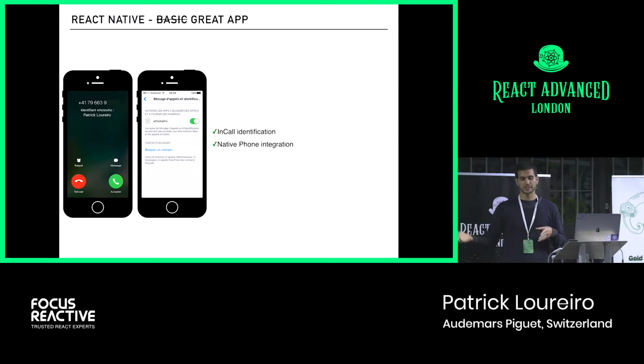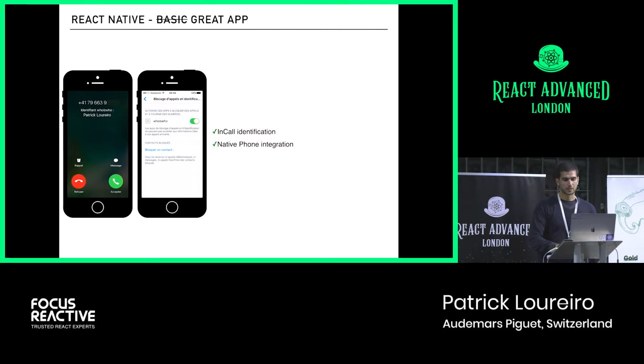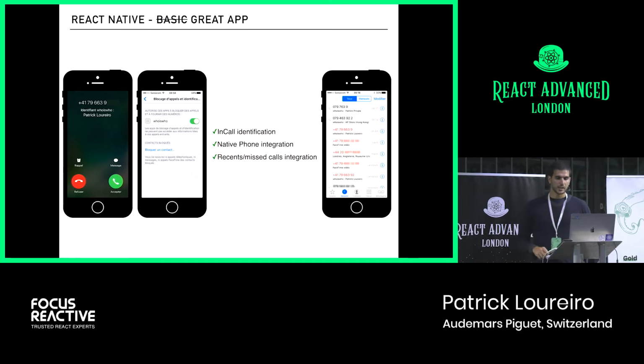On the Android side, it's almost the same, but I don't have time to cover both platforms here, but the concept is the same. So in the missed and recent calls, you can find the resolved names of each call you received.